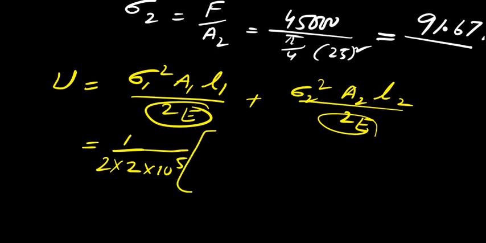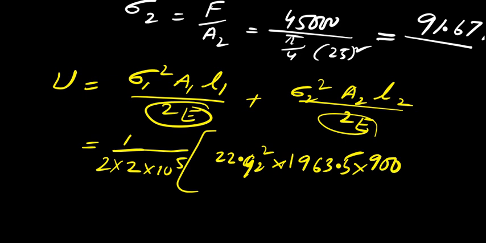In the bracket, sigma 1 square is 22.92 square, into the area of element 1, pi by 4 into 50 square, which is 1963.5, into L1, which for element 1 is 900.